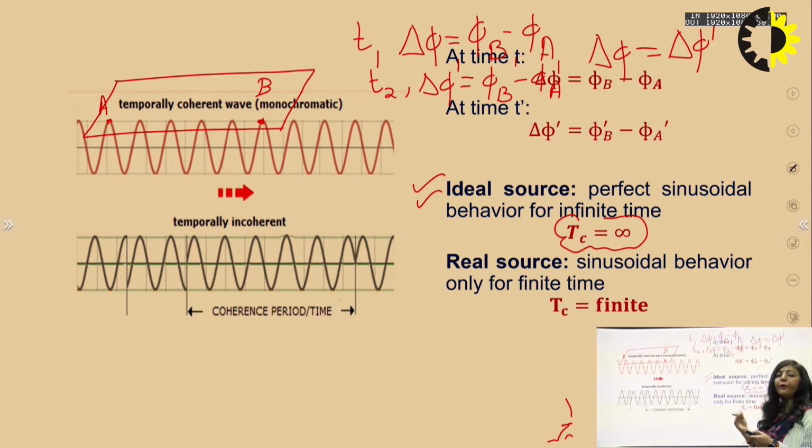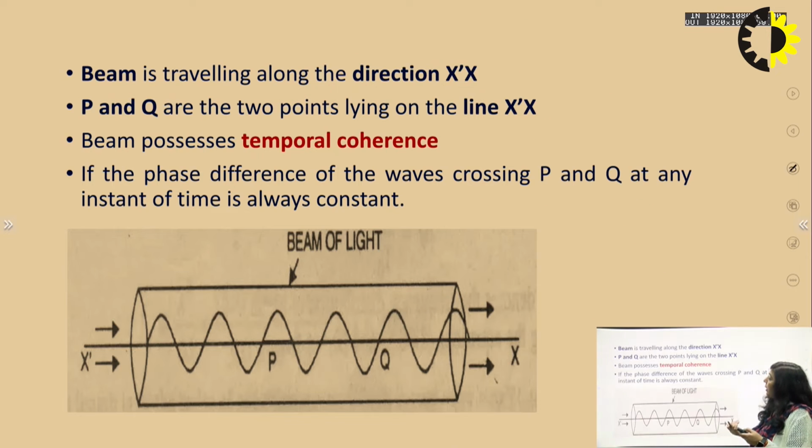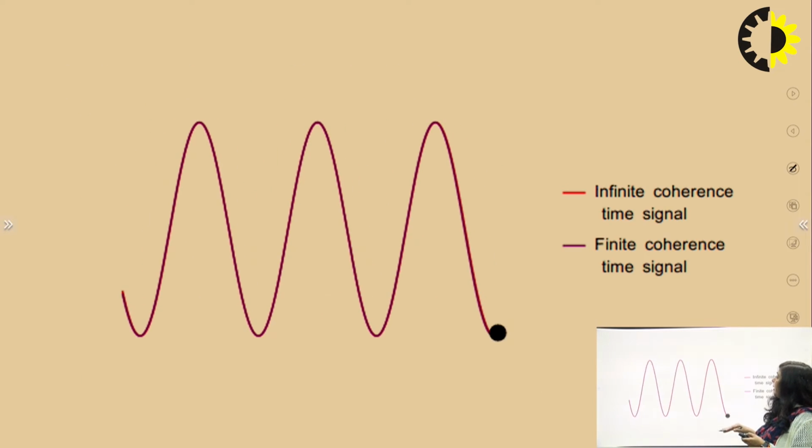Now there are different parameters which are related to this temporal coherence. So this is also explained over here. Light is propagating along this direction, and along this direction 2 points are taken. Then the phase difference between those 2 points is observed at 2 different times. If that phase difference is not changing with time, we can easily conclude that there is temporal coherence between these 2 points.